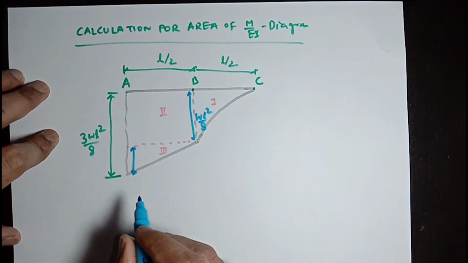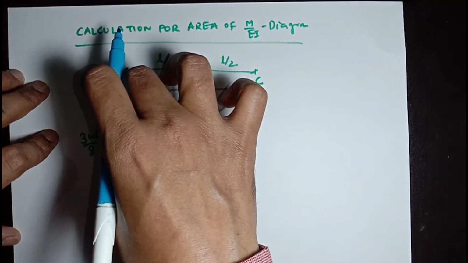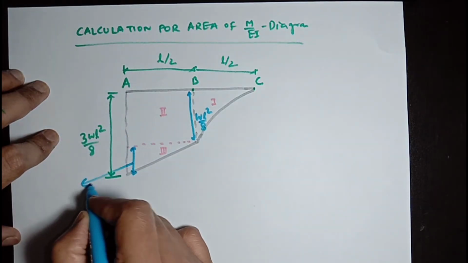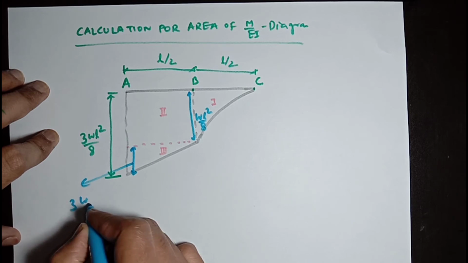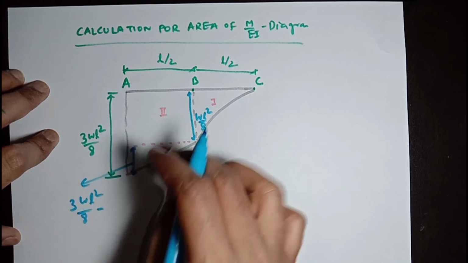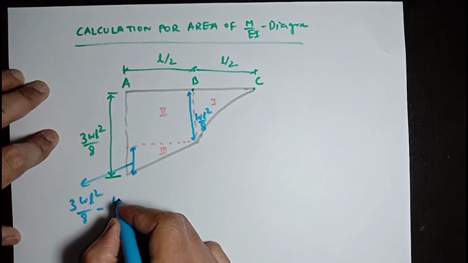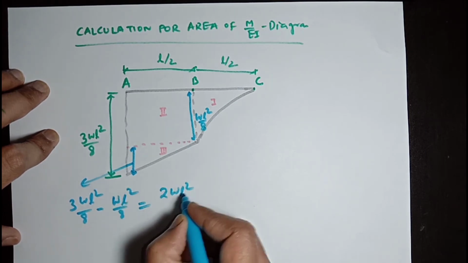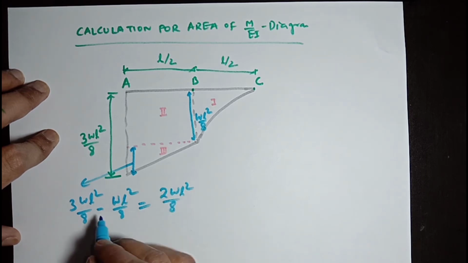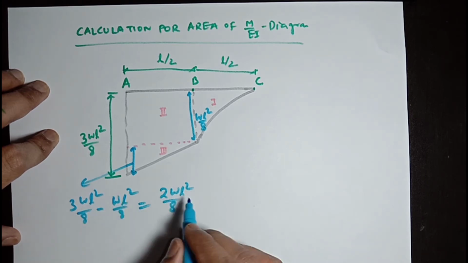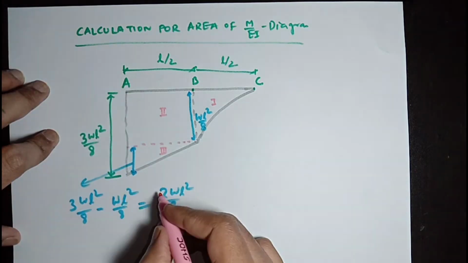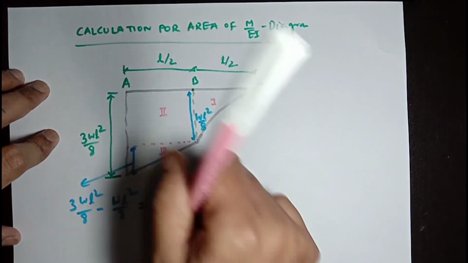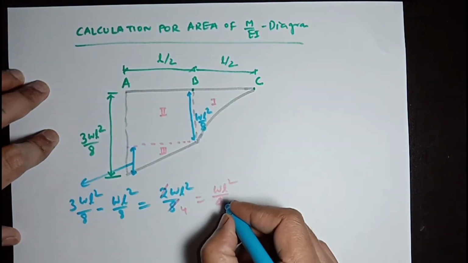As the total length is 3WL square by 8, we can find it as 3WL square by 8 minus this WL square by 8, which gives twice WL square by 8, that is, 3 minus 1, or 2 by 8, it will be WL square by 4 with EI.